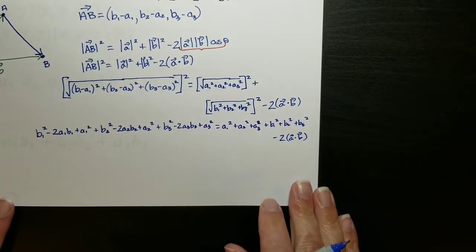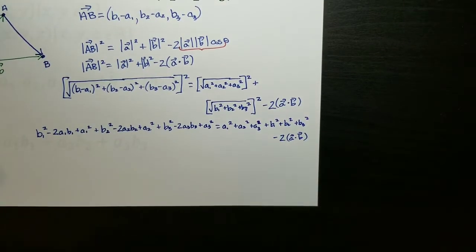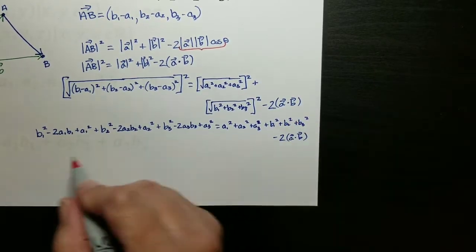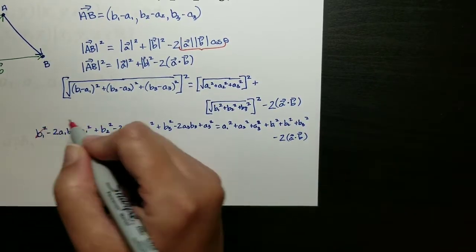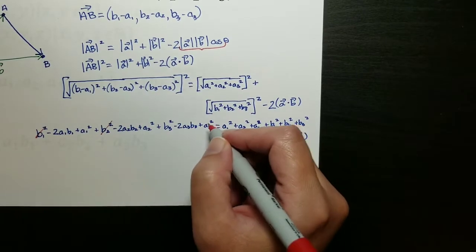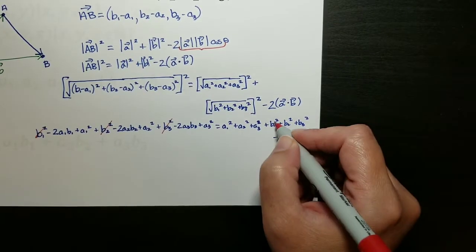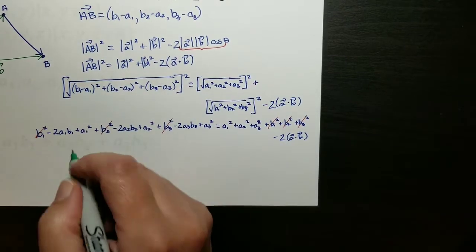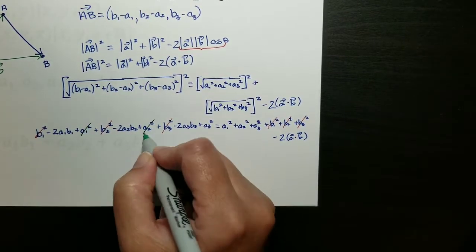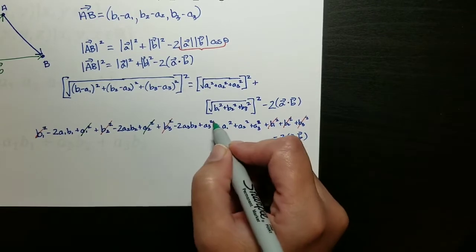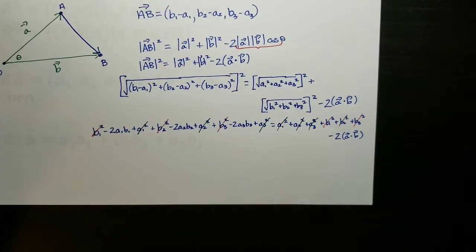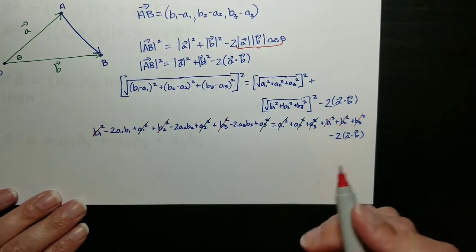So hopefully you see that despite this really big amount of mess, I have a B1 squared, a B2 squared, and a B3 squared over there that will cancel out with those guys. And then I have an A1 squared, A2 squared, and A3 squared that will cancel out with those three. And then this ends up much, much nicer.